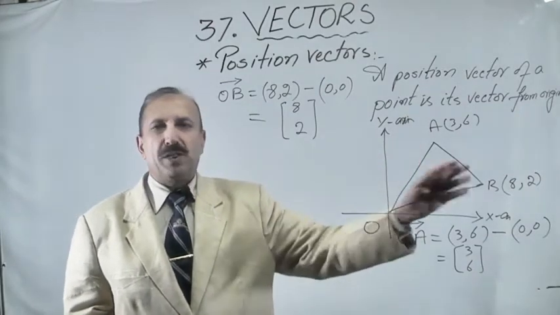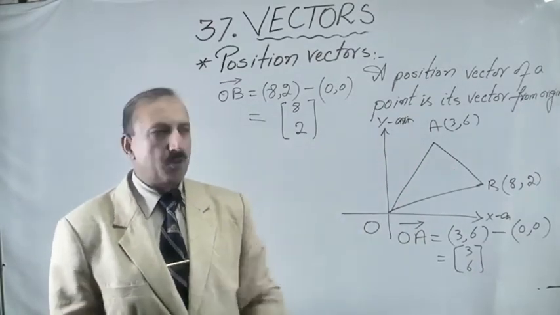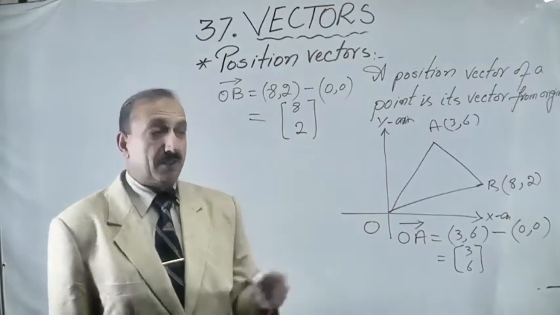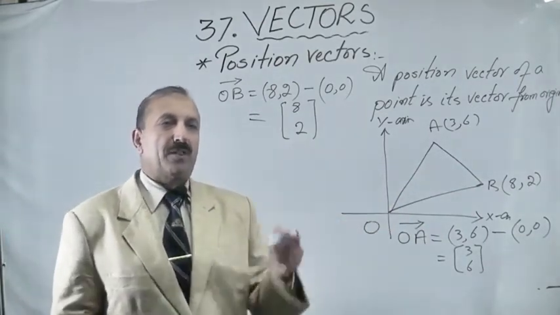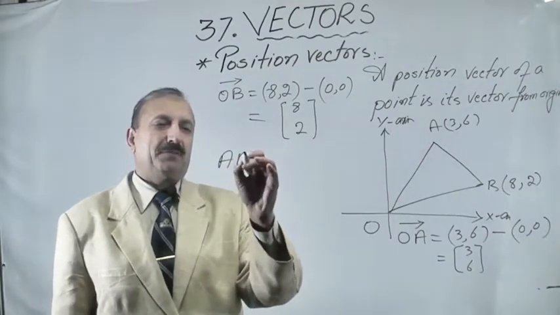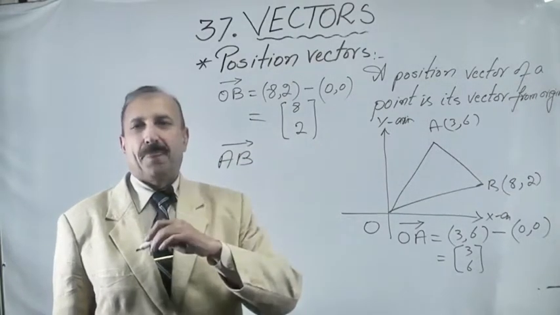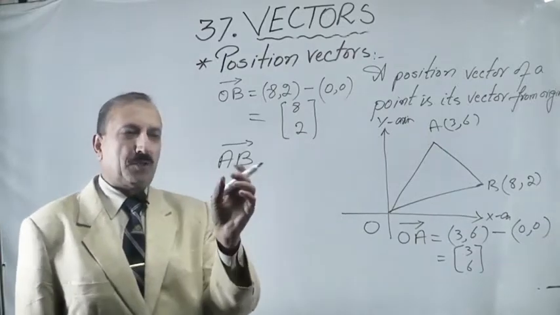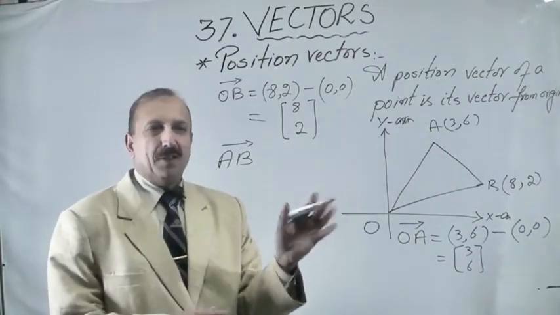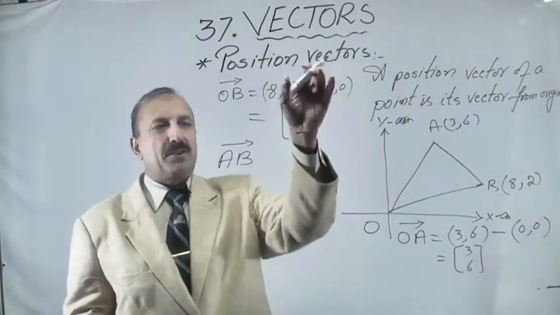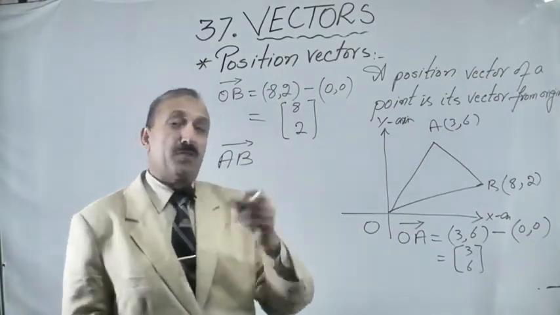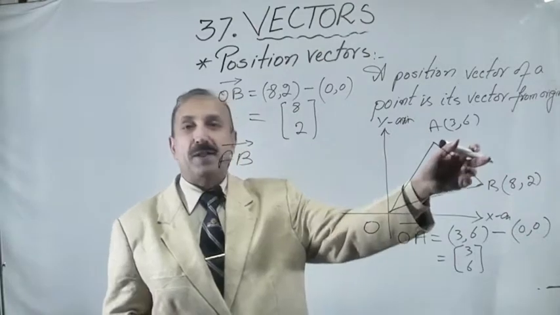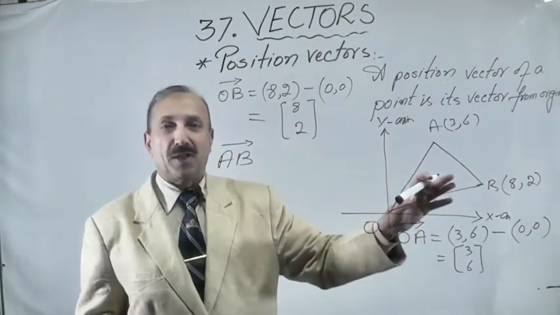OA and OB were the position vectors of the points A and B, but in the presence of ordered pair form of points, if the question is to find vector AB, and we know that the coordinates of A and B are given, the same method you can apply to find this vector, and you can come with the previous general concept and then find it by an alternate route as well.